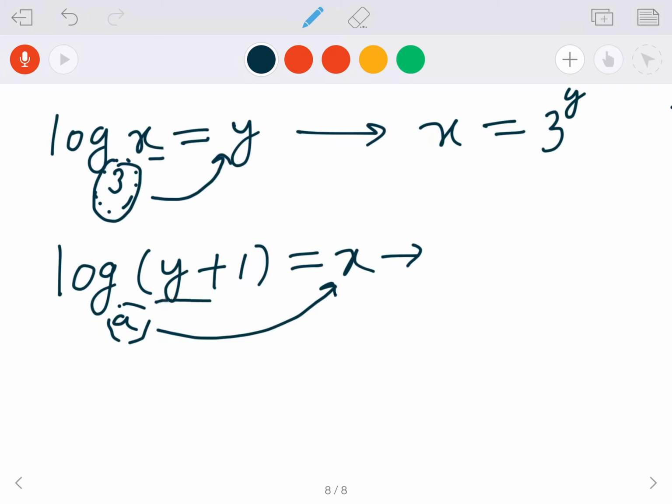So on the left hand side, we're just going to have y plus 1 equal to, now this a is going to be the base of an exponential function, and this x is going to move to the power. All right, so remember this process. This is very important later on when we start solving. You need to know these ideas to solve those kinds of equations.